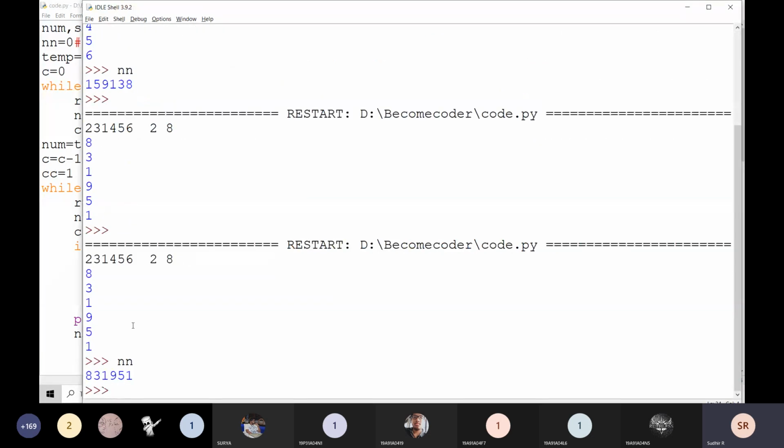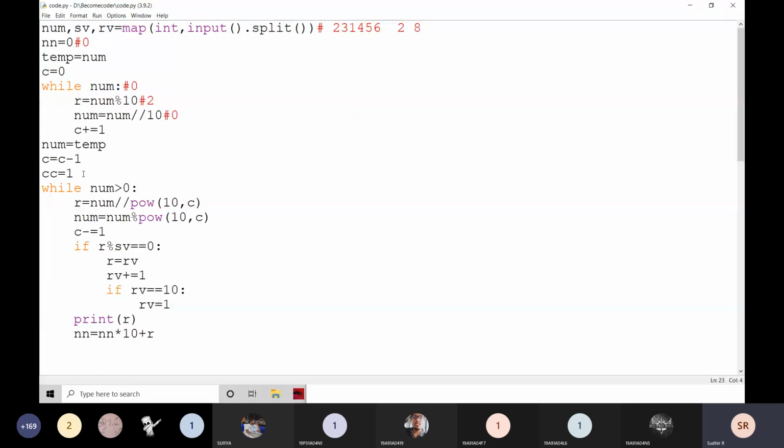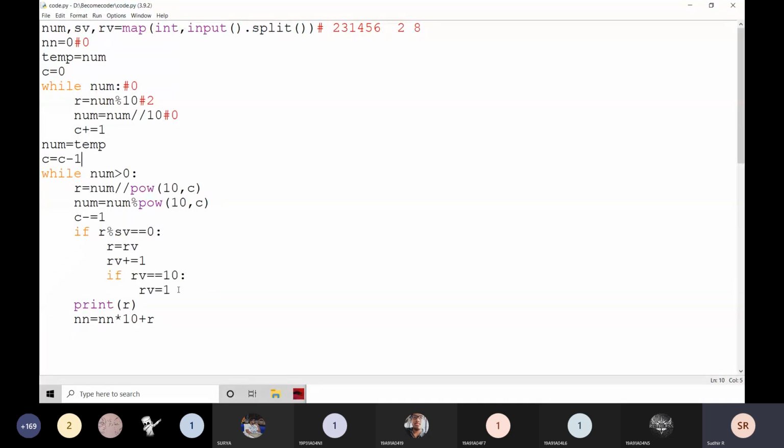The new value is going to be 8, 9 and 1. Yes, it is working now. Okay, there is no need of this CC. There is no need to print this value also. Okay, now I'm going to print NN. Okay, now I'm going to, who is this?